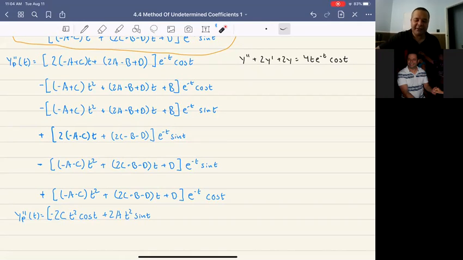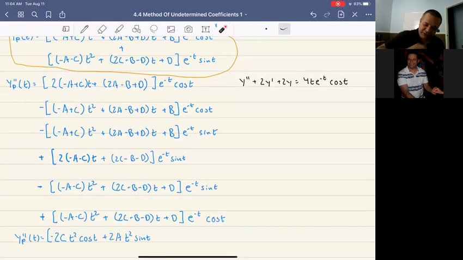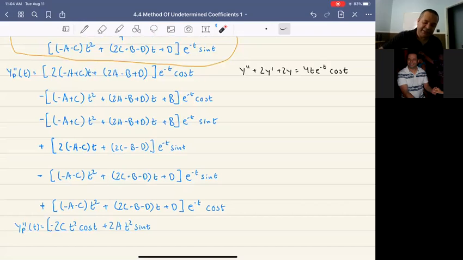Now let's look at the t terms. T terms, let's look at t cosine t first. So t cosine t is going to have, well, negative 2a. Let's see here. 2a, so the 2a's here cancel. See anywhere else? No more a's.